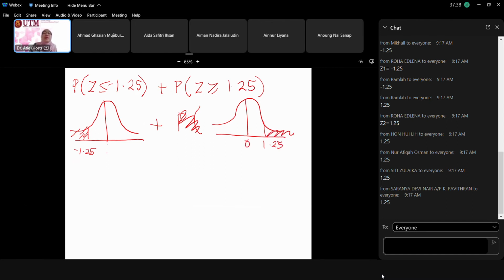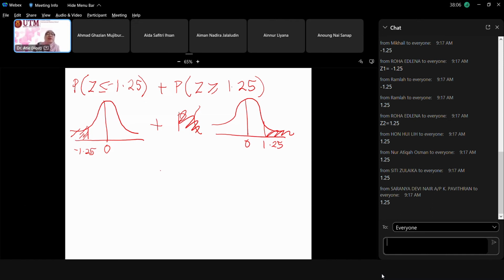What you can see, this is exactly like what we did in example number one, part H or I, something like that, where we have similar area on the positive and negative sides. So we can just get whatever is on the positive side, and then times two.